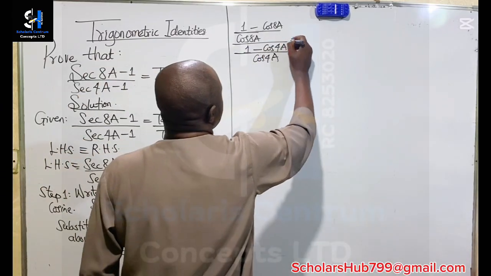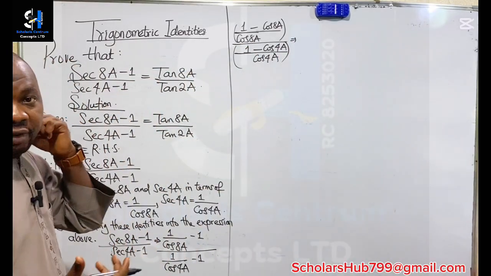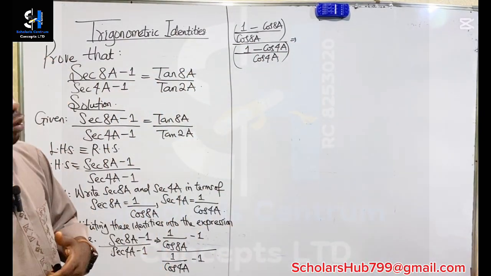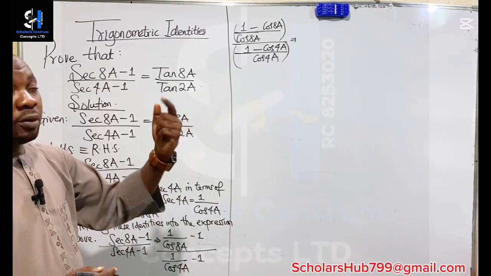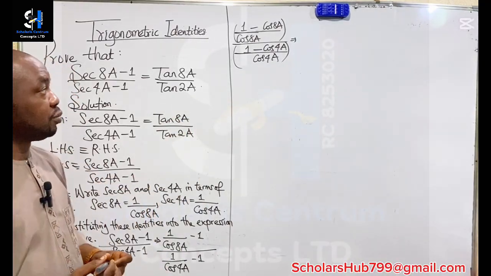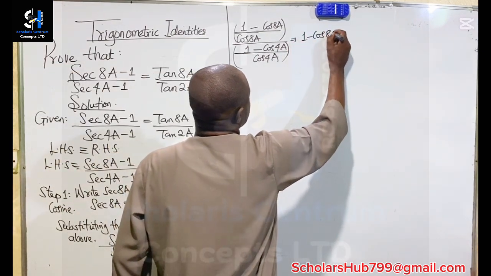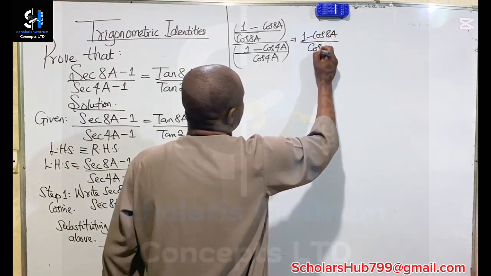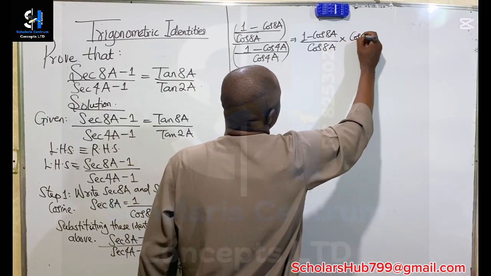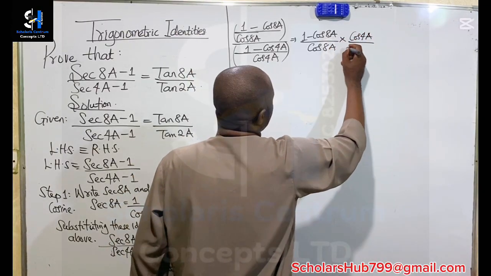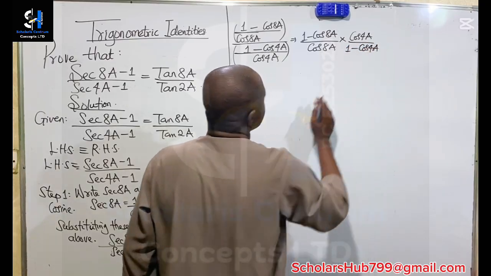This is the numerator and this is the denominator. When we divide two fractions, the one which is under will flip, and the division is changed into multiplication. So we can write this as (1 minus cos 8a) over cos 8a multiplied by cos 4a over (1 minus cos 4a).